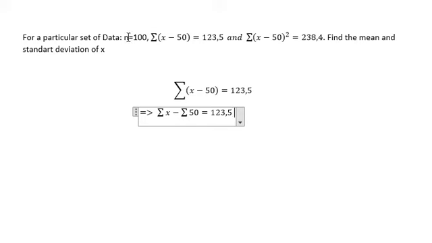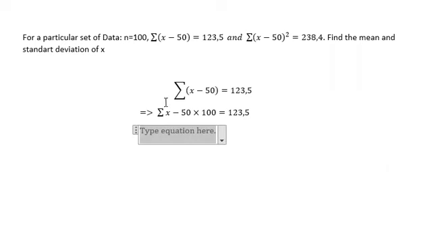We have n equals 100, so the summation of 50 will be 50 multiplied by 100. And now we can find the total value of s.